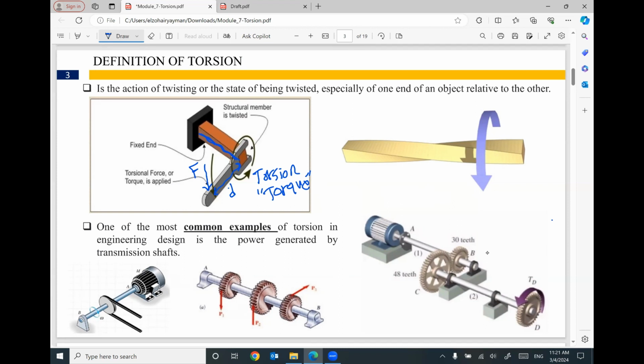So the definition of torsion is the action of twisting or the state of being twisted, especially of one end of an object relative to the other end. So this end will be twisted relative to the other end of the member under the effect of torque, which I will label capital T. This torque originally equals force times distance.